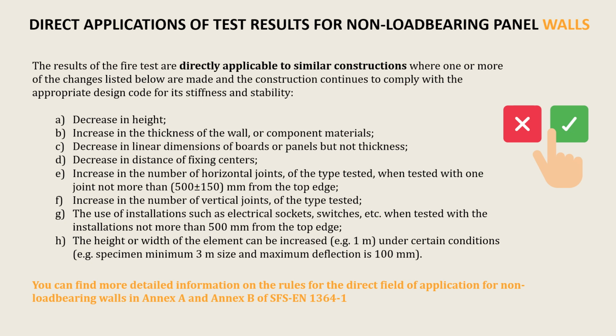Here are some of the allowed modifications: decreased height of the wall, increased wall or material thickness, reduced dimensions of boards or panels excluding thickness, increased number of vertical joints, adding installations, for example, for sockets or switches, increased height or width of the wall under specific conditions. For more detailed rules, refer to Annex A and Annex B of SFS EN 1364-1.